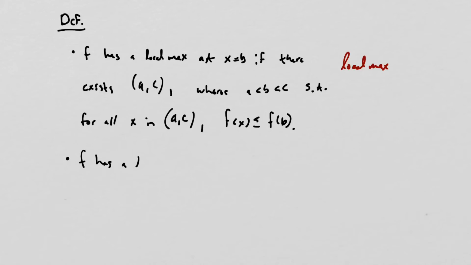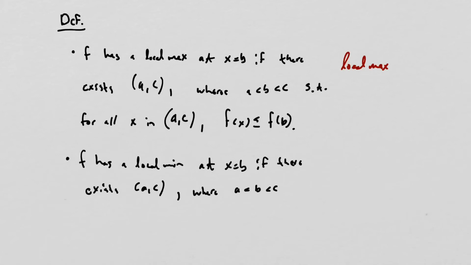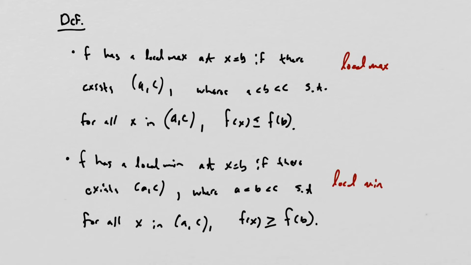F has a local min at x is equal to b if there exists an open interval that contains our b such that for all x in our interval, we have that f of x is always going to be greater than or equal to f of b. Let's go ahead and identify where a function is increasing and decreasing.